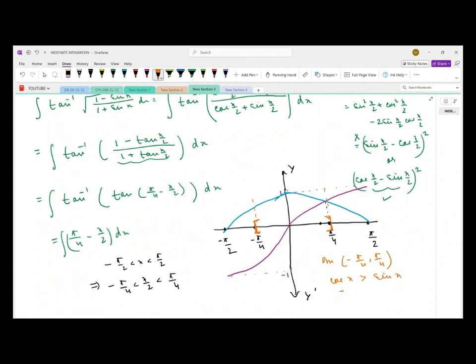And precisely that is the reason why you took cos x by 2 minus sine x by 2, not the other way around. This is again for you to understand, no need to write it on the board at all. Just remember that you are going to take cos x by 2 minus sin x by 2 whole square, because cos is greater than sine in this domain, that is minus pi by 4 to plus pi by 4.